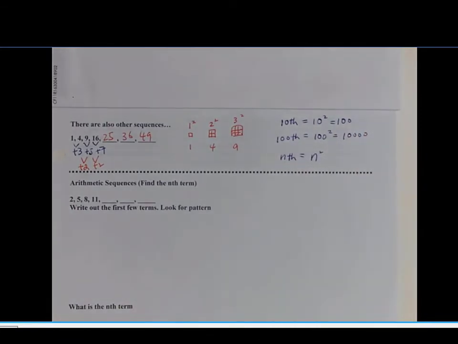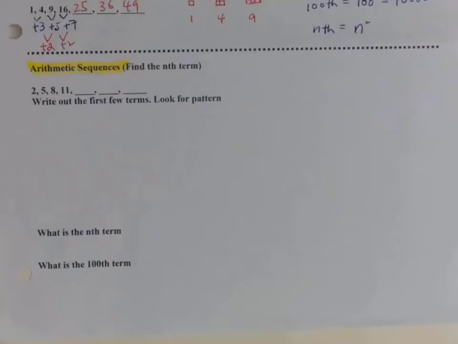So we talk about arithmetic and geometric. And the next one, we're going to want to see if we can come up with a formula for arithmetic and geometric sequences. So next we want to come up with a formula that will be able to calculate the nth term of an arithmetic sequence.